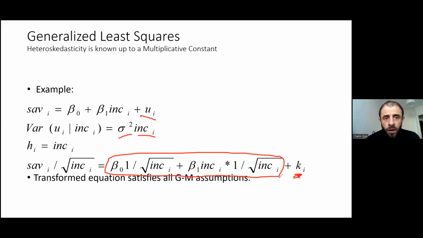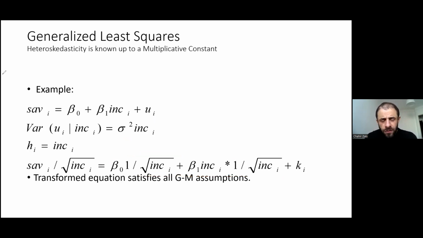The idea of generalized least squares is that I introduce a weight, measured here through the square root of income, in order to get rid of the variable component of the error term. But clearly, this means that I have to know the structure of the variance, because if the variance is unknown, I will not be able to determine the weight.